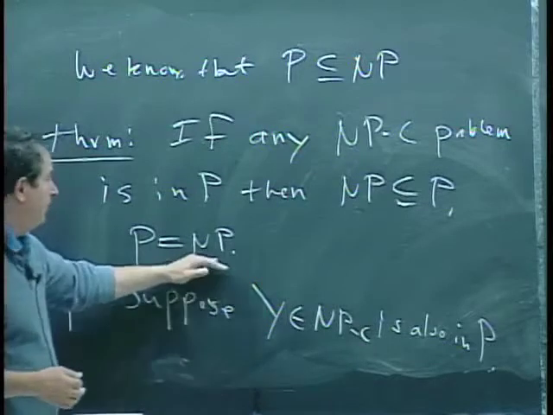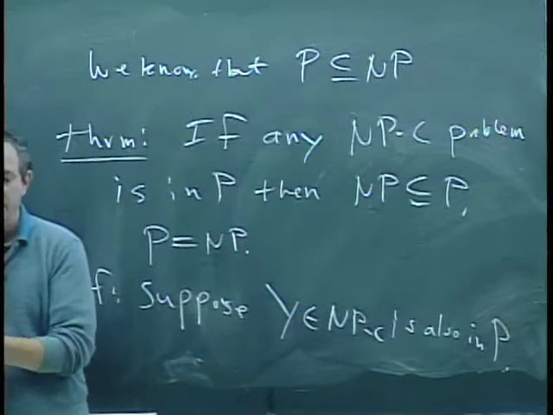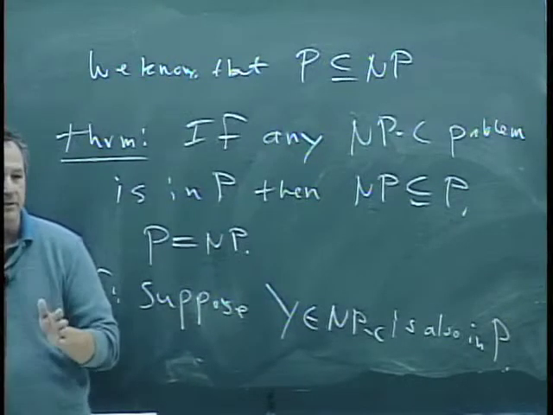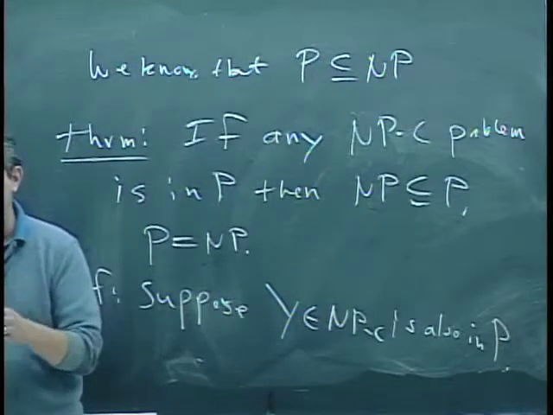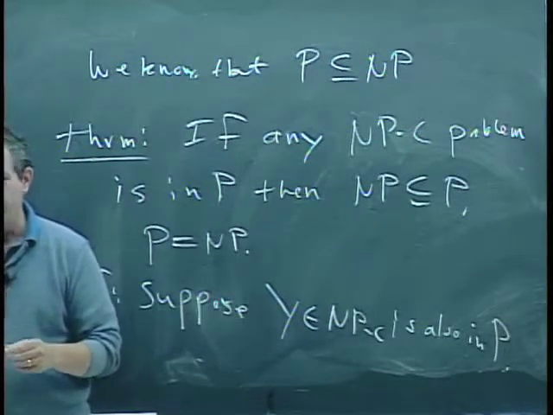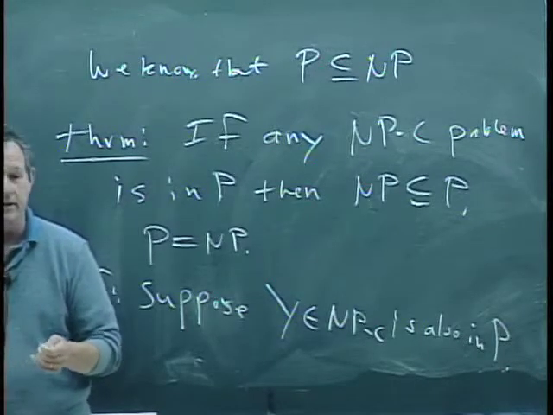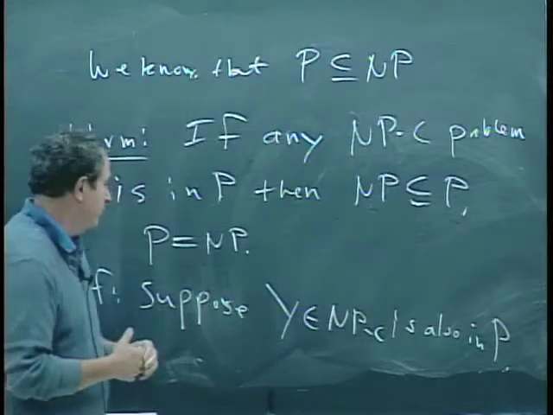Being in NP only means, informally, since I'm not going to give you the full formal definition of a certifier, that if you give it the right answer, there's a polynomial time algorithm that can check it and say, yes, that is the right answer, and doesn't get fooled.